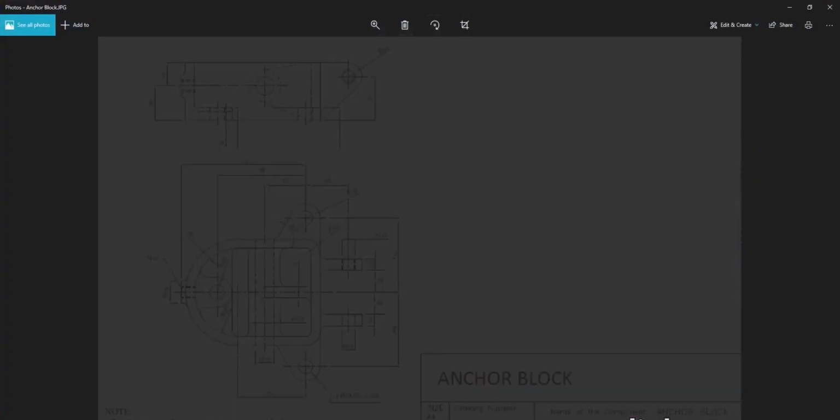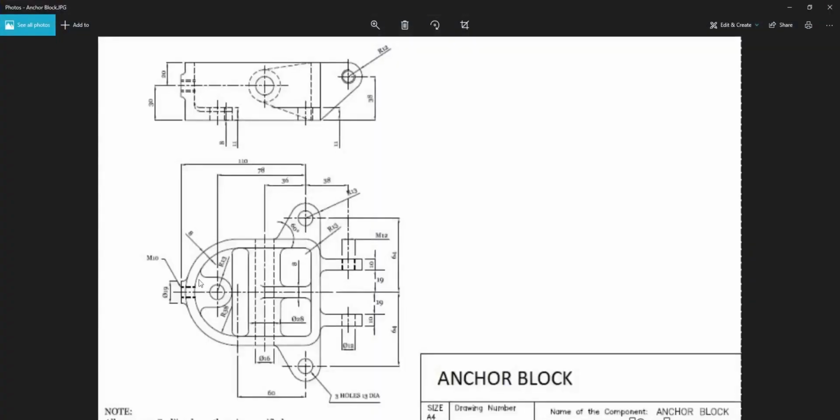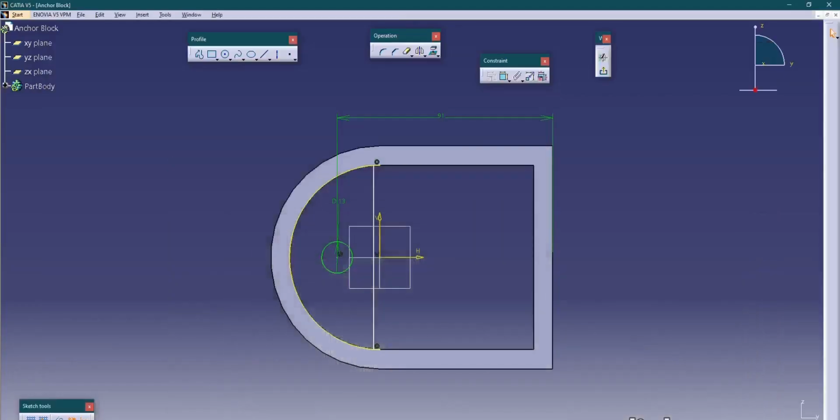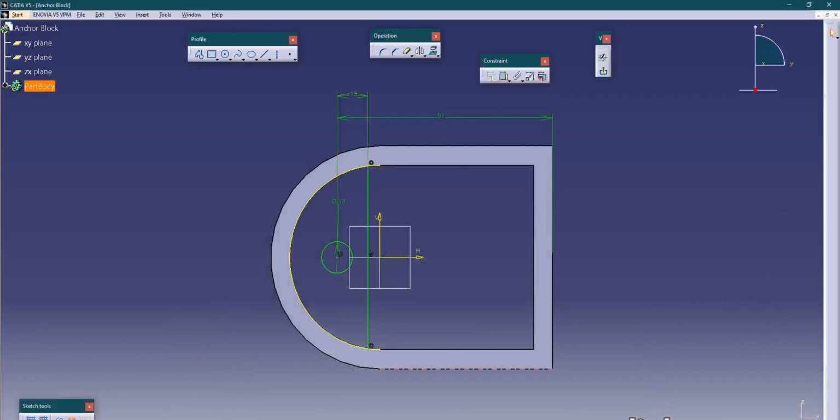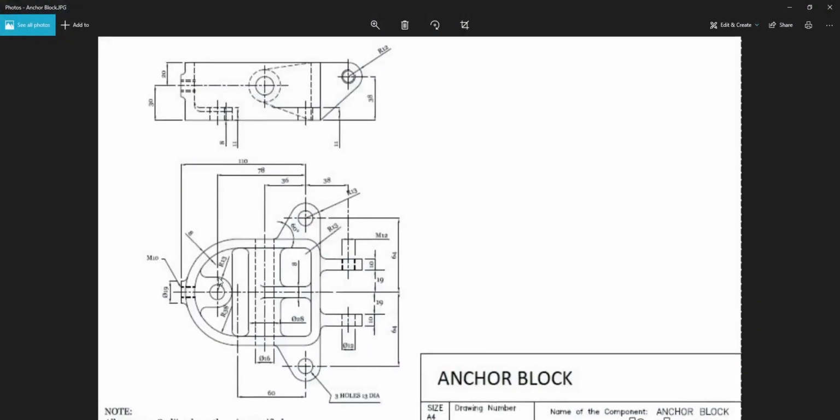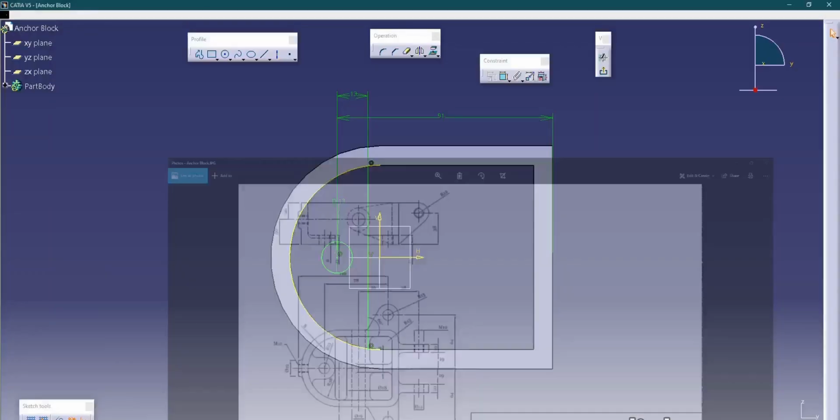Okay. And then this gap would also be 13, as this arc has the radius of 13 and it is tangent to this line.